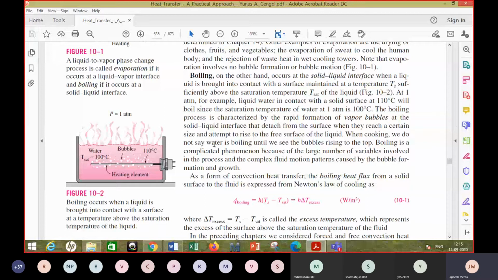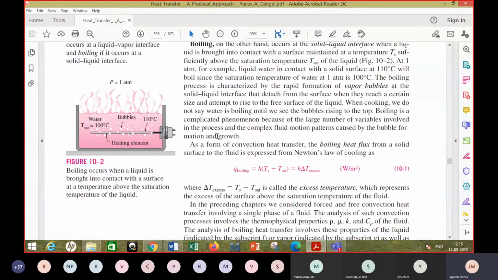Okay. So boiling, as it was explained, occurs at solid liquid interface, and here there is another example of boiling shown. You can see here that there is a heater element inserted into a pool of liquid, water filled up in a vessel, and this is the heater, and this heater temperature is higher than 100 degrees Celsius.